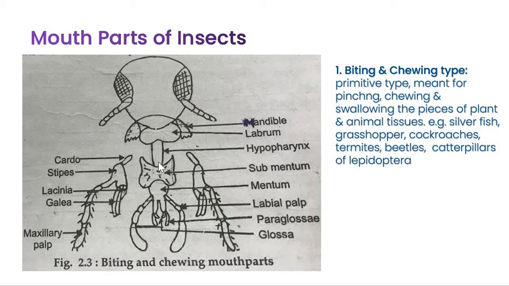Below the hypopharynx opens the main duct of the principal salivary gland. After that, the epipharynx, which is found in the form of a membrane lining the undersurface of the labrum, or the upper lip, and bears the taste buds.